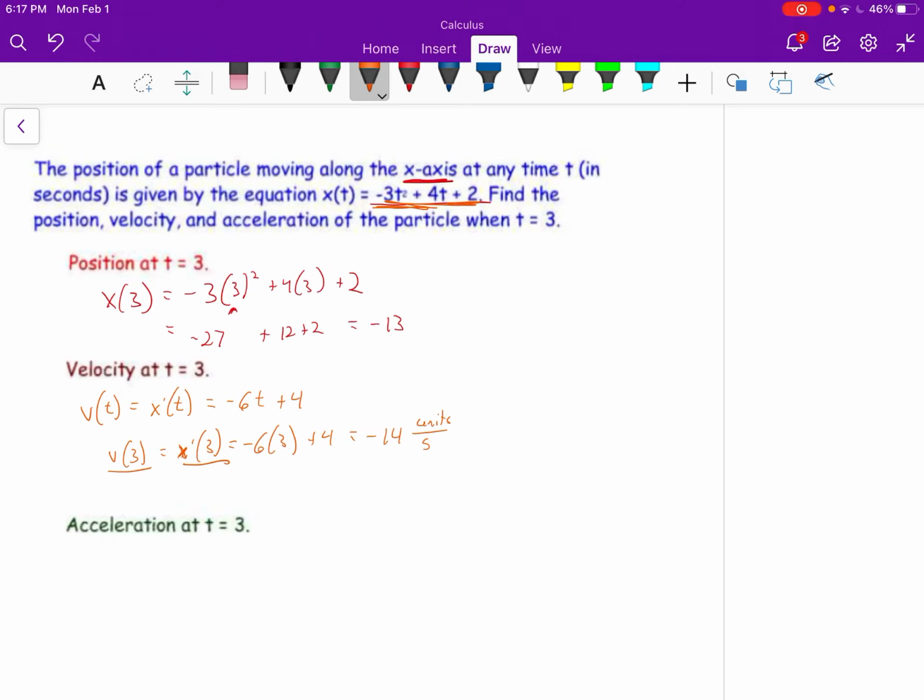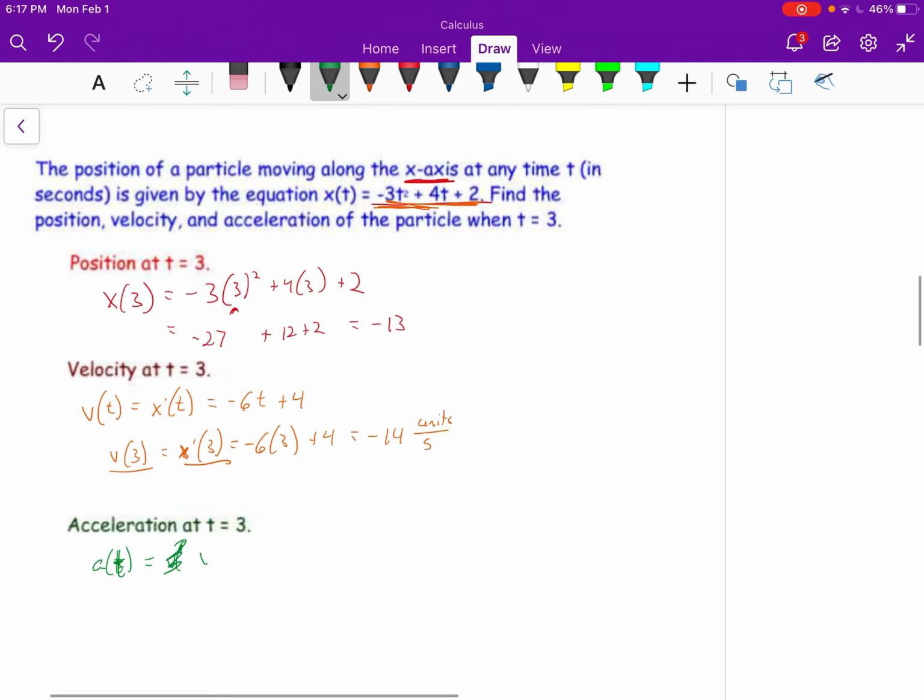And then acceleration. Acceleration, we know, is the derivative of the velocity function. A of t is v prime of t, which is the second derivative. So we'll come up here to our velocity function and take the derivative of that, which is negative 6.